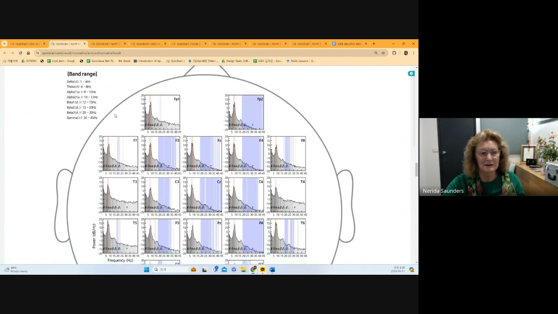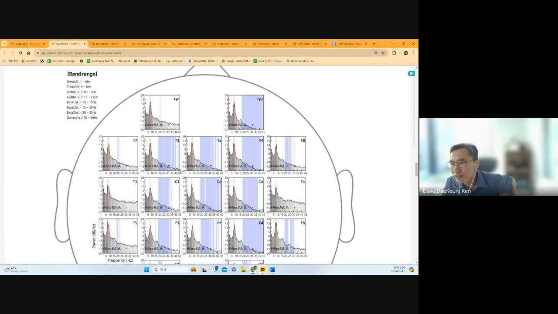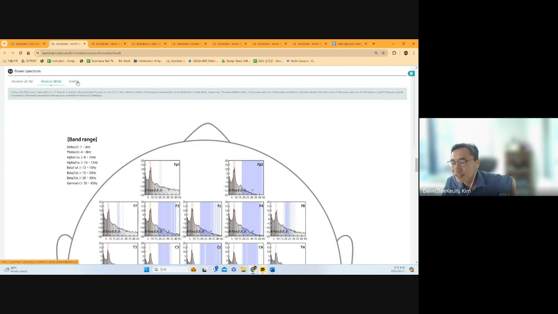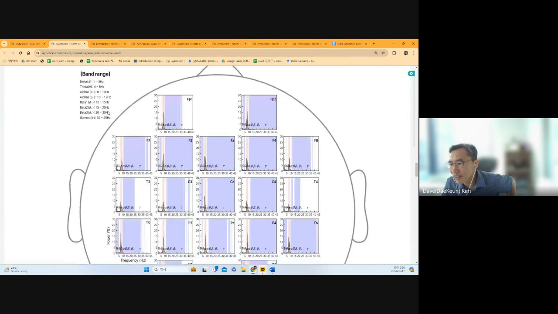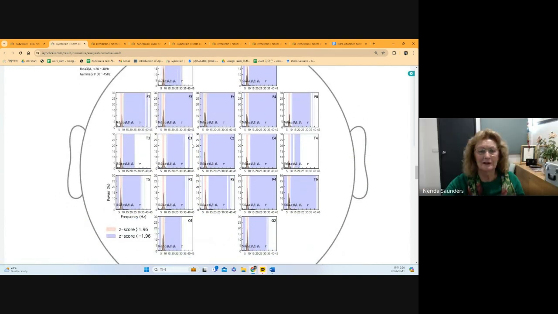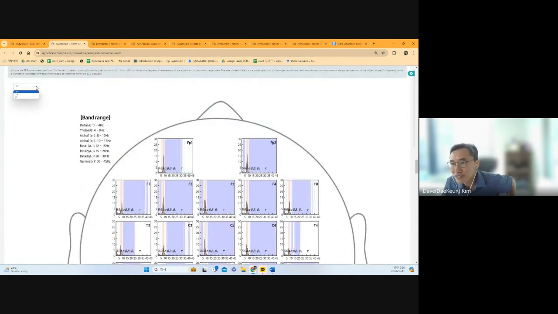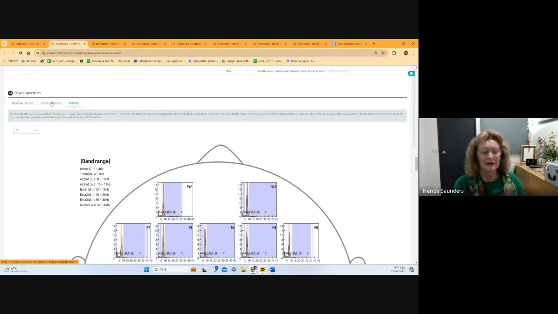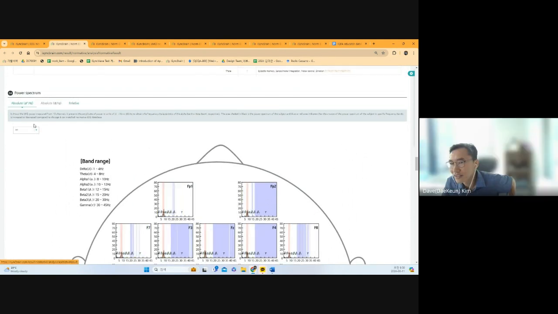Yeah, I get you. In the dB scale, we can see the high frequency activity, and also in the relative power, we can change the scale here. In the absolute power, you can also change the scale like this.